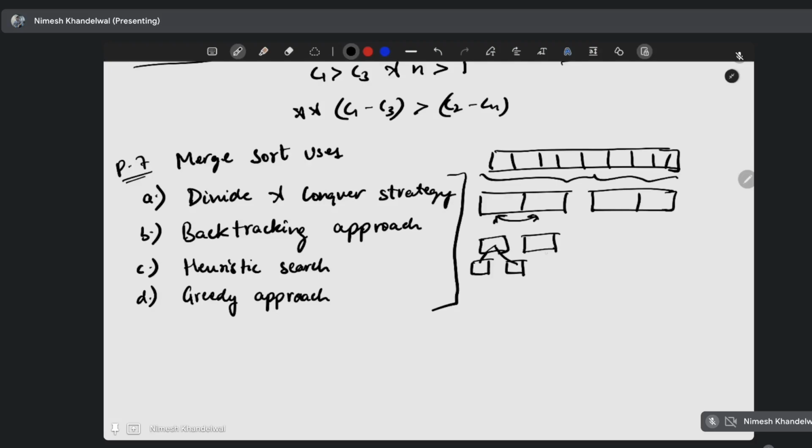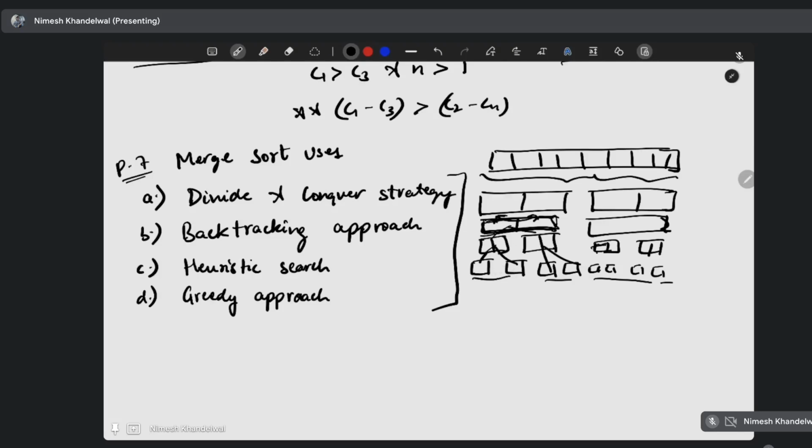Same for the other two leaves. And then since both of these are sorted, we merge them again to make a sorted array again. And this keeps happening for all the different partitions of the array. So basically we are dividing this array until we hit the single elements, and then we sort them, right?